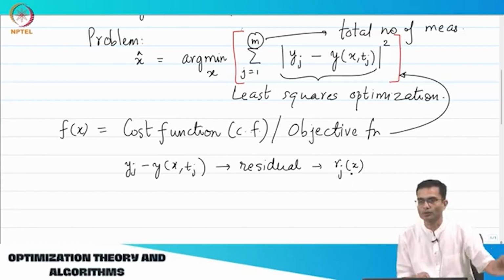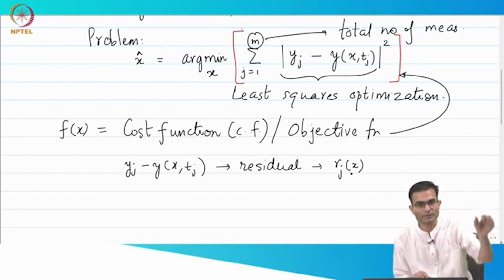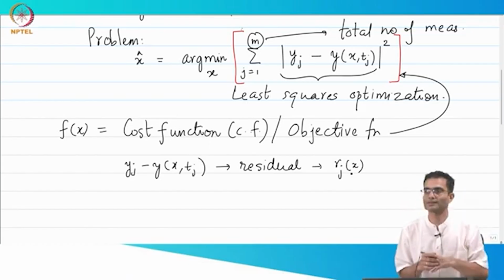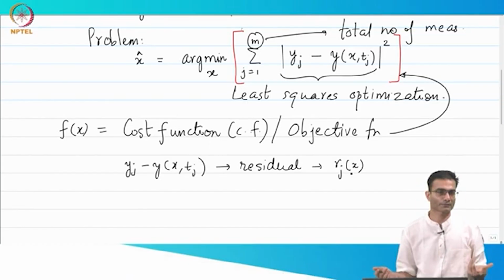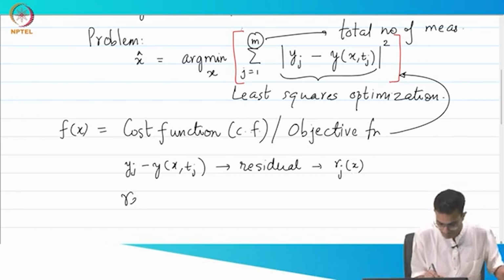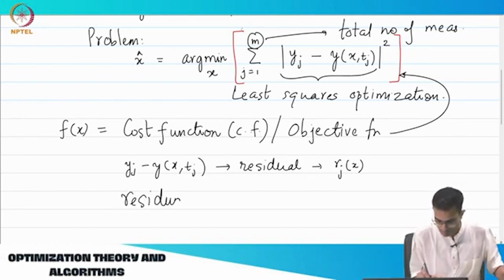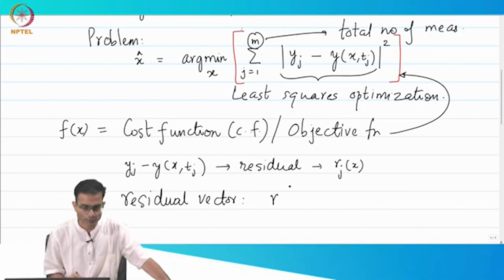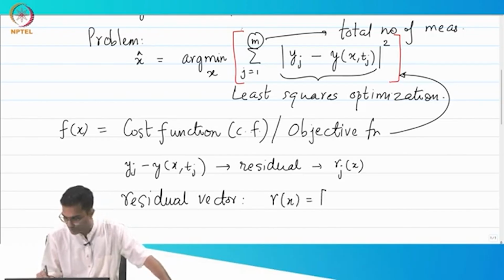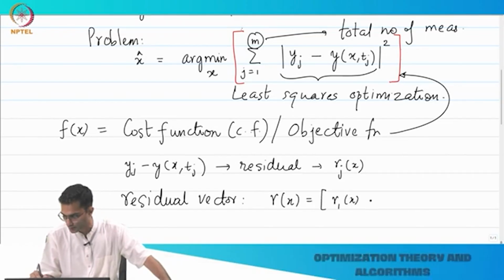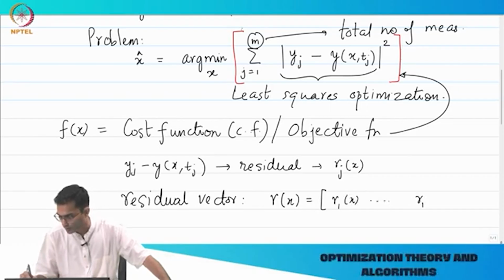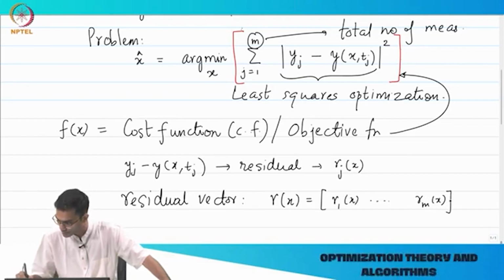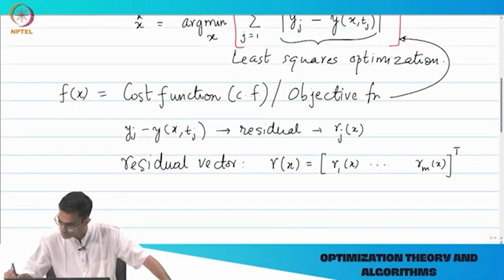If I have all of these residual quantities, for each measurement I have these residuals. I can as well stack them and make a vector out of it. The residual vector then simply has the expression r. So r of x is going to be a vector: r1(x) up to rm(x), because there are m measurements, and transpose.